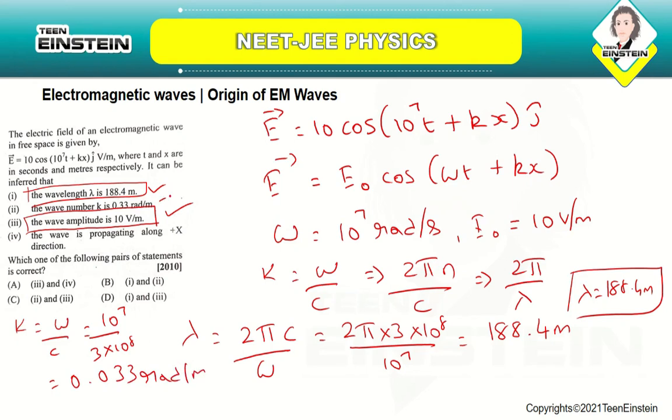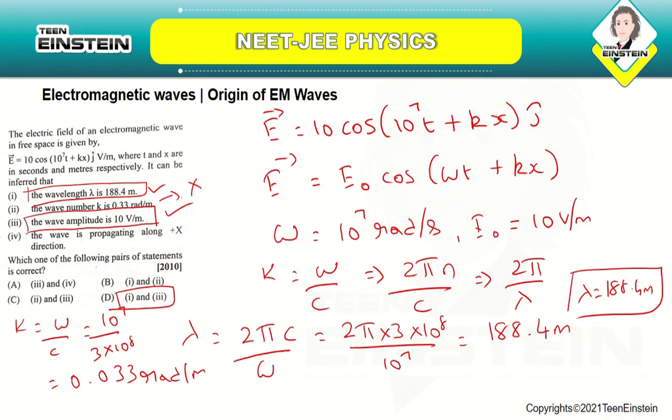But here the wave number they have given is 0.33, but it is 0.033 radians per meter. So option number 2 is wrong. So option number 1 and option number 3 are correct. So the correct answer will be option number D, since option number 3 and option number 1 are correct statements.